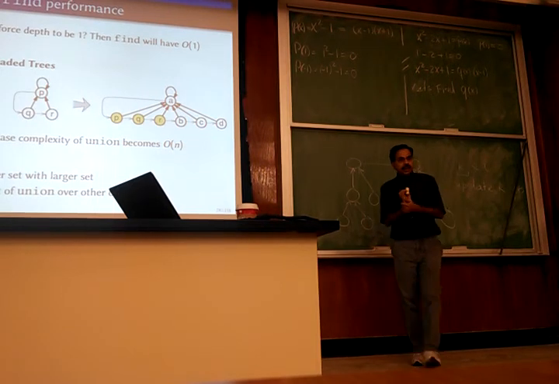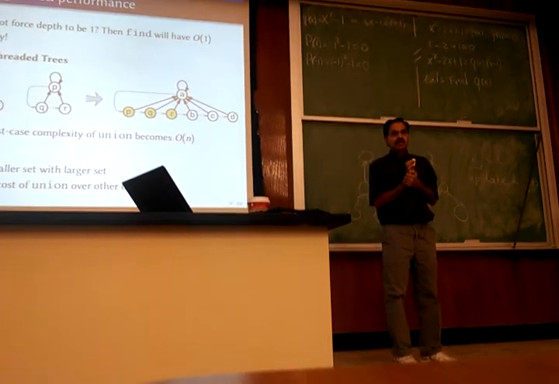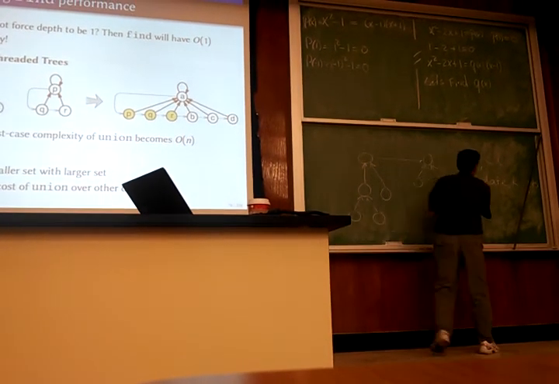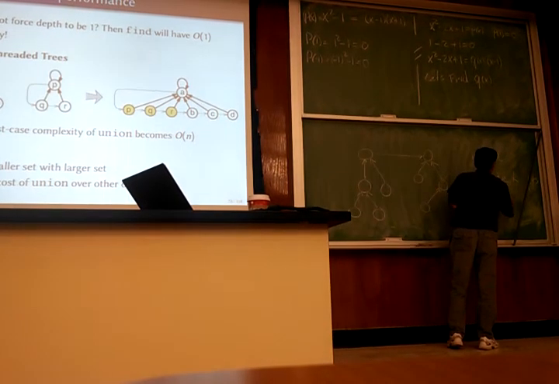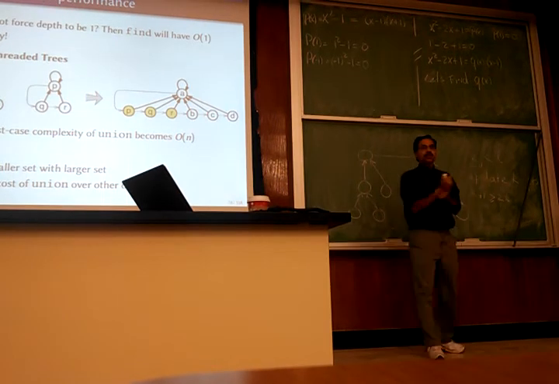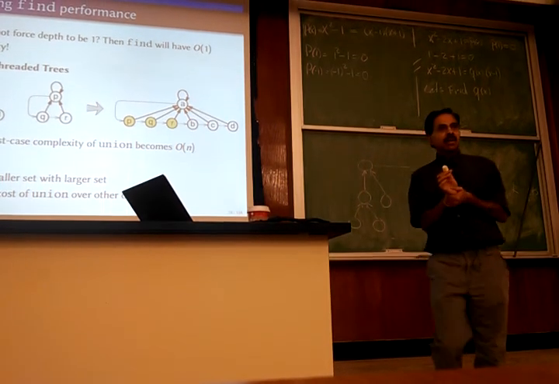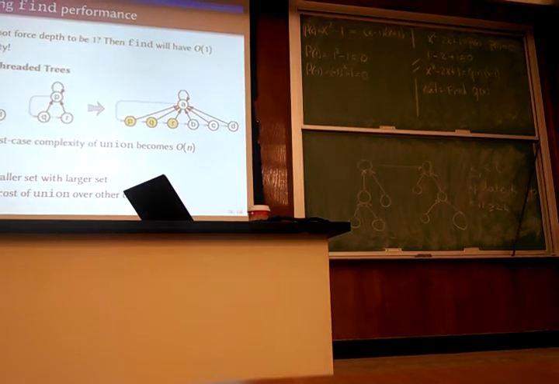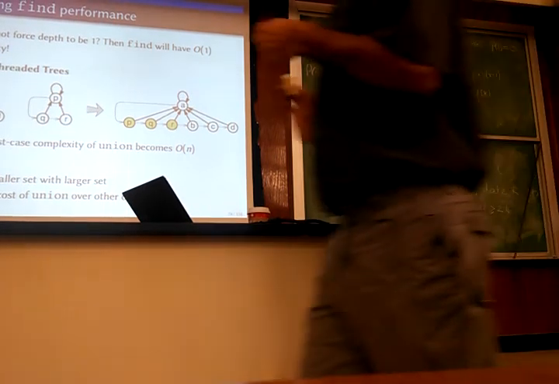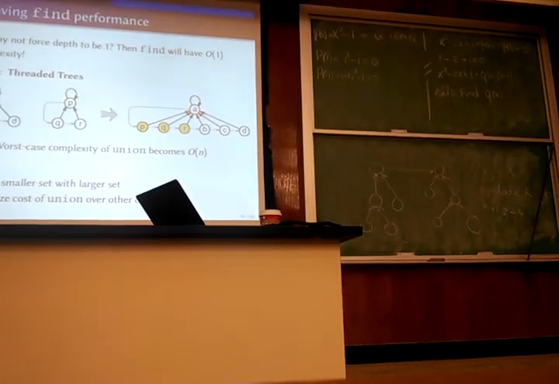But now these elements now find themselves in a set of size k plus l, which is greater than or equal to 2k. Right? So the argument is that each time you update a parent pointer, that element is now going to be in a set that's at least twice as large as before.